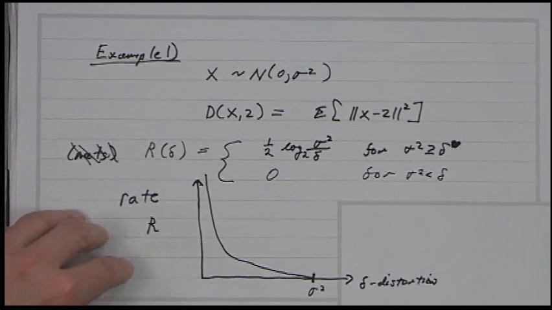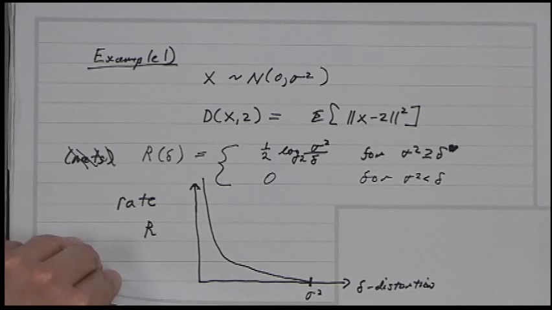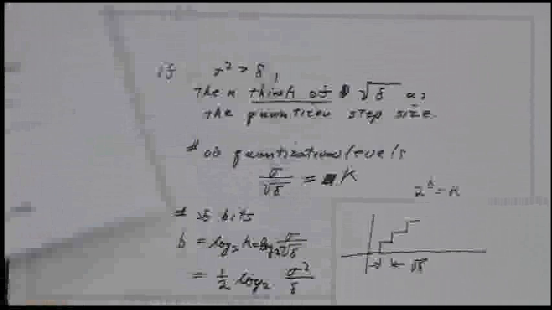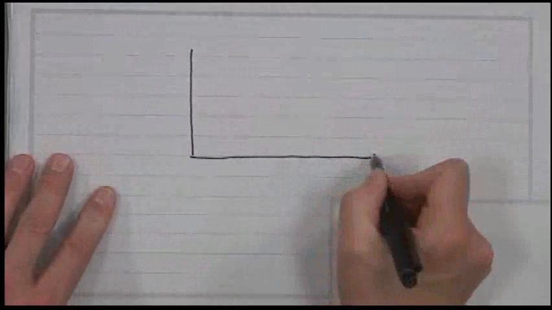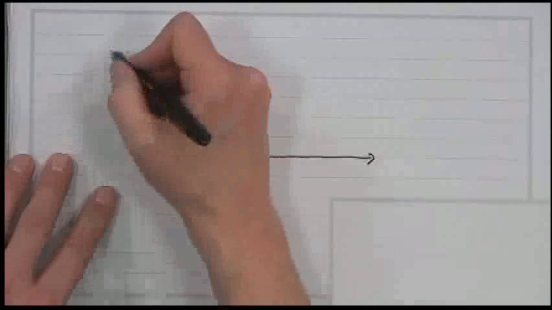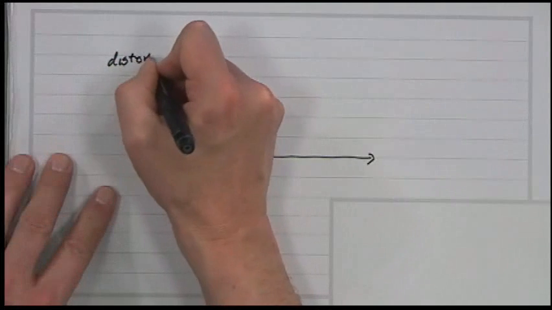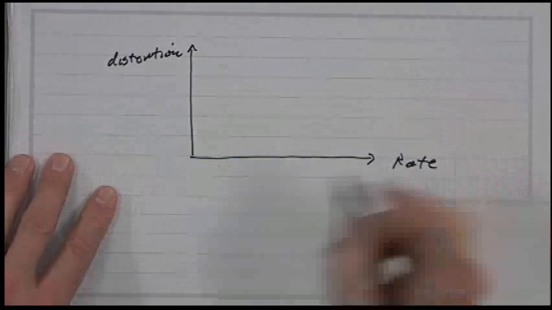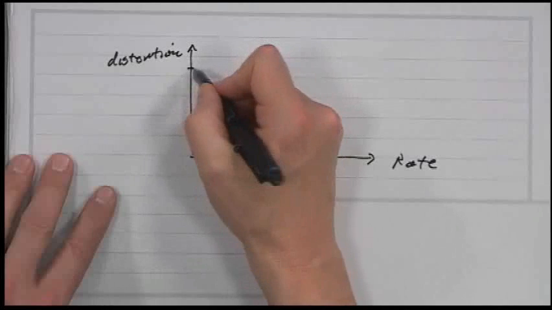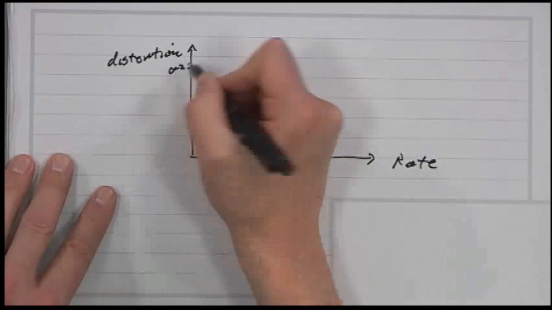Actually it's more common to plot the distortion rate plot than the rate distortion curve, but people often talk about rate distortion. It's the conventional term, but what's more commonly plotted in applications is the distortion rate. So this has units of bits, and this is sigma squared.